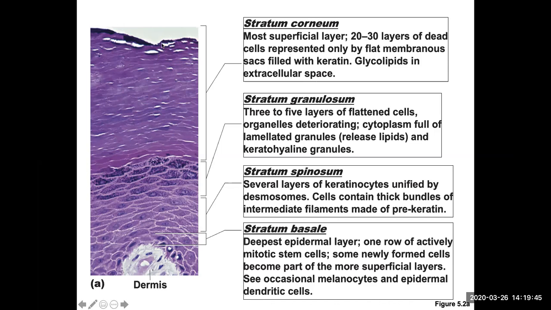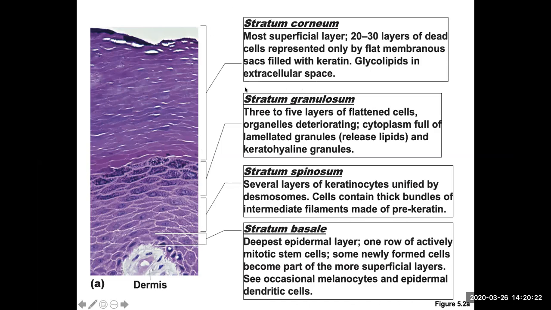And that layer is the thickest of the epidermis and is called the stratum corneum. The stratum lucidum, which is only present in thick skin, so the skin of the palms of your hands or the soles of your feet, would appear right here, and it will appear in another picture that I'm going to show you. They call the stratum corneum the horny layer, but it's the hardest, most keratinized layer.